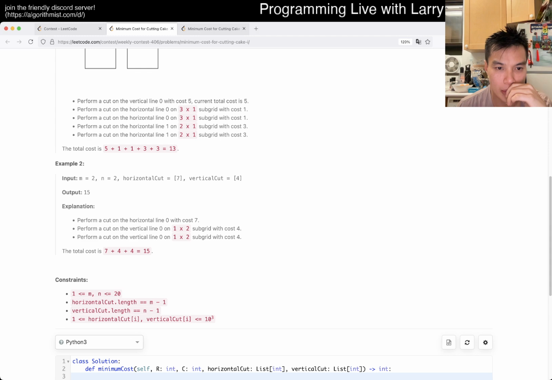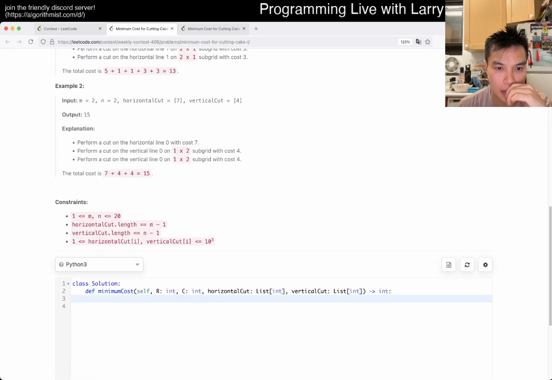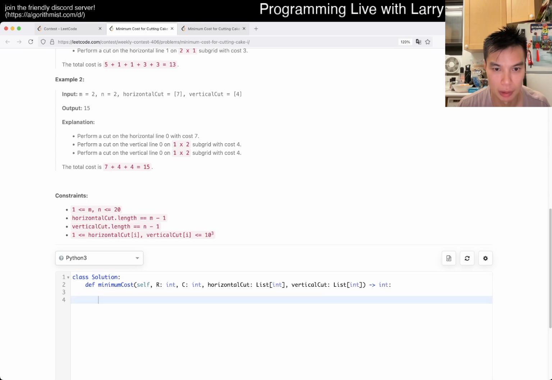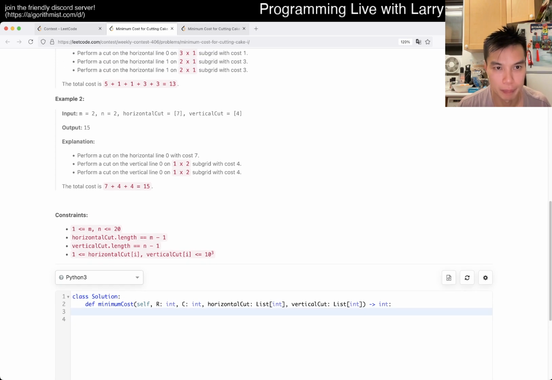I mean, it's just DP, but it's just an annoying DP. Okay. 20, 20, 20, 20 to the 5th, is it? I guess that's fast enough, but still a little bit yucky.